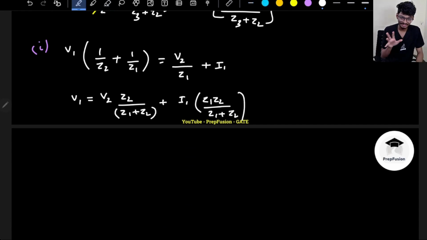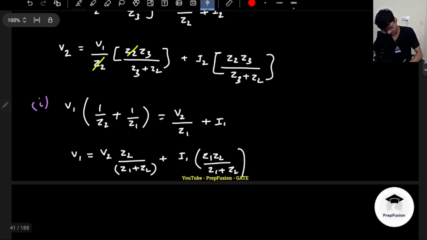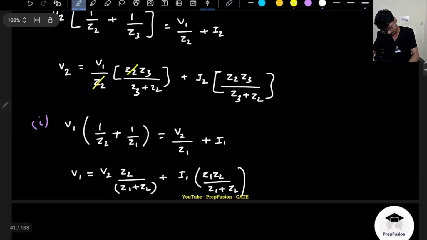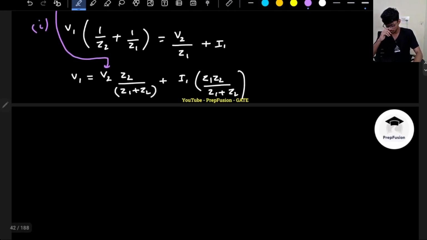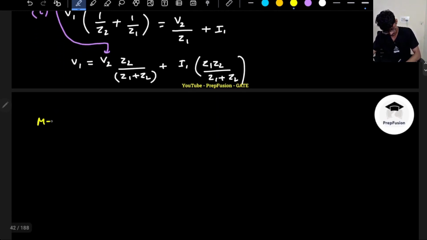Through that you can basically find out. So you put the value of V2 in this equation and you will get back your V1. But this is lengthy, right? So approach 3 is better to solve individually. That's why sometimes I told you that this approach is better.